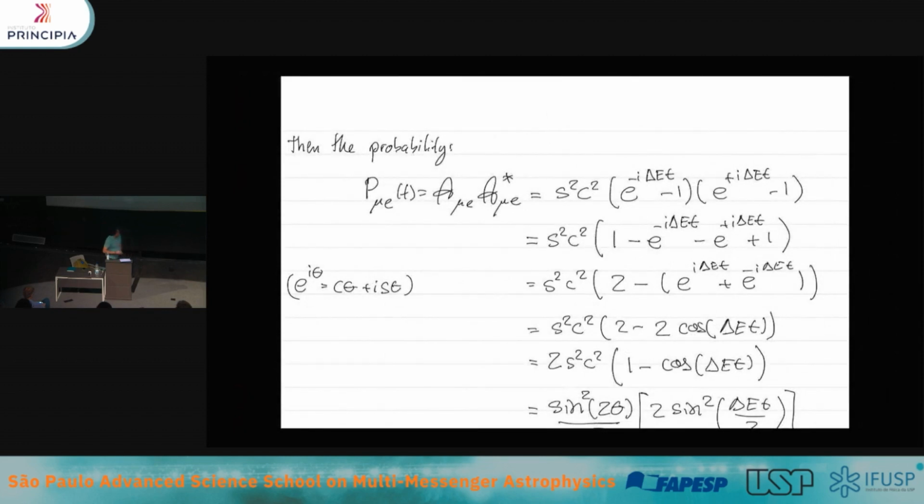Then you have to compute the probability from mu to E. That's given by essentially the amplitude square, which you can rewrite like that. I'm not going to bore you, but you can just multiply things out.